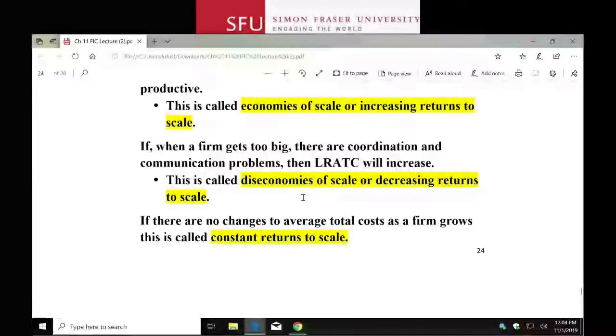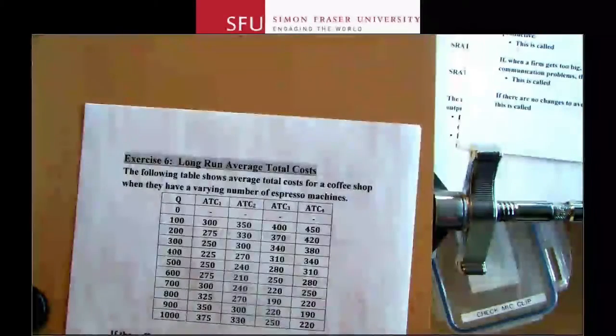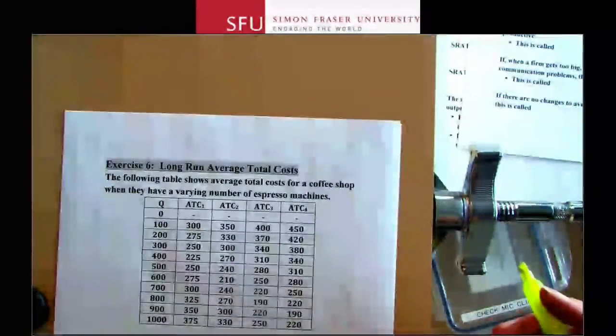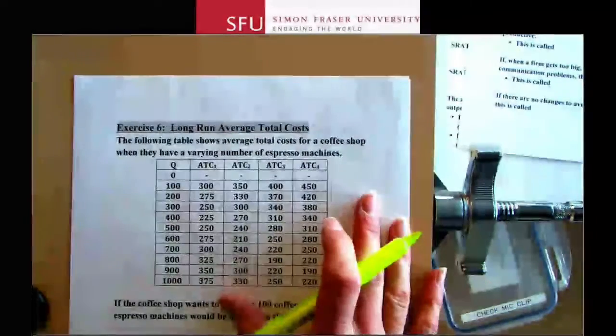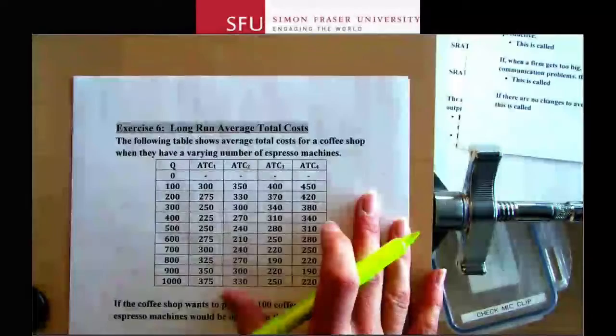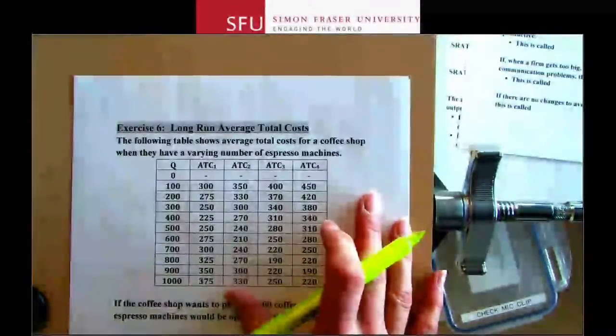All right, last exercise. Okay, the following table shows average total cost for a coffee shop when they have a varying number of espresso machines.